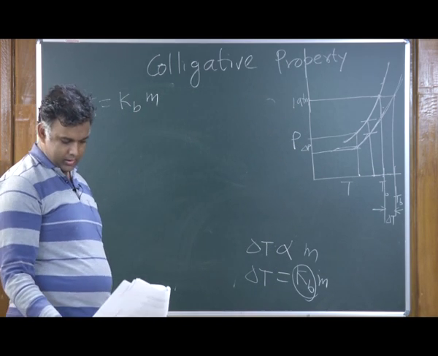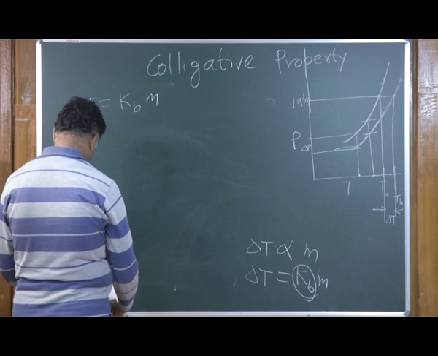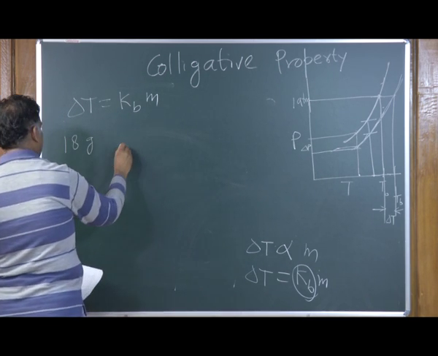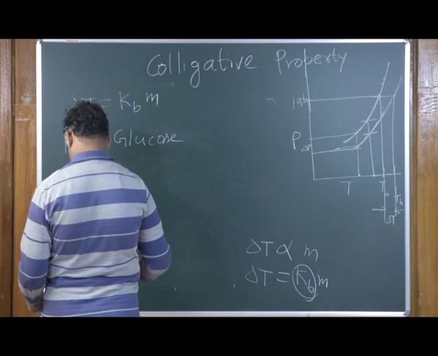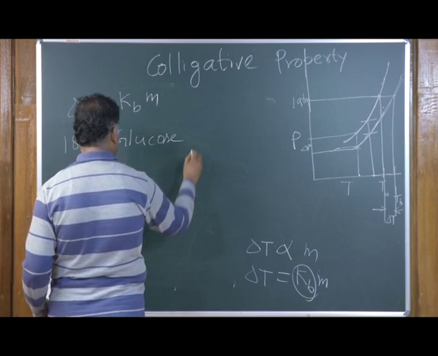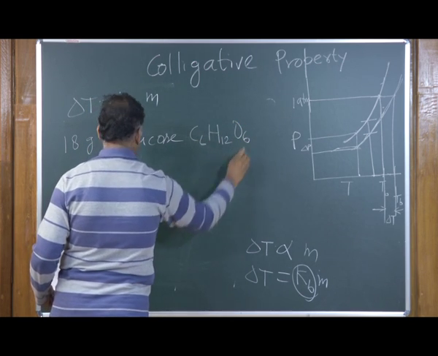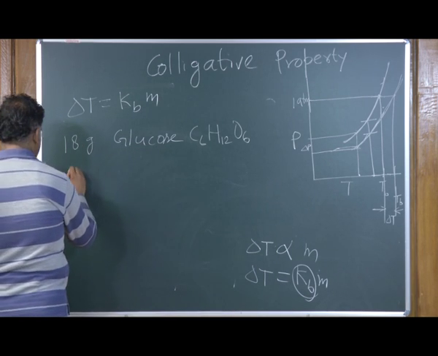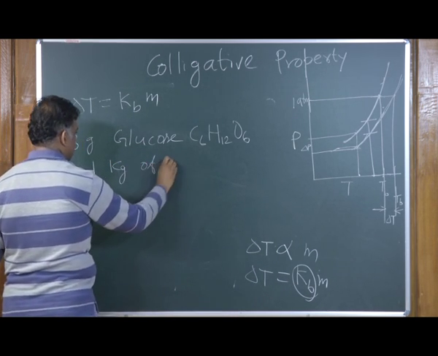Okay. Here I read 18 gram of glucose, that is C6H12O6, is dissolved in 1 kg of water.